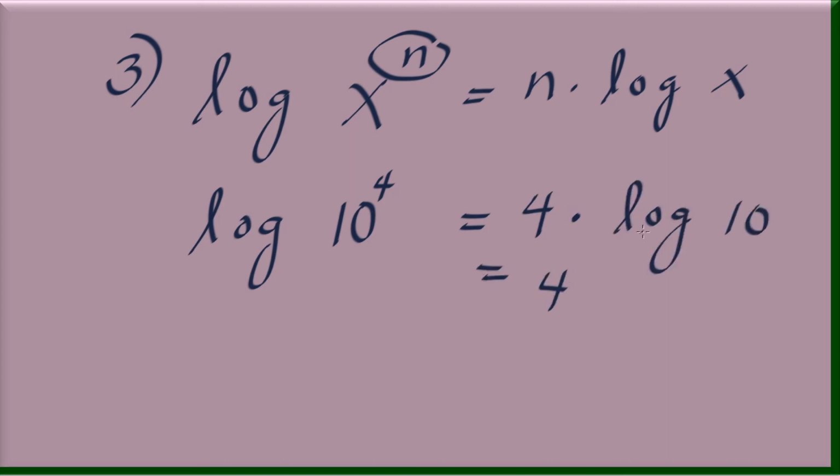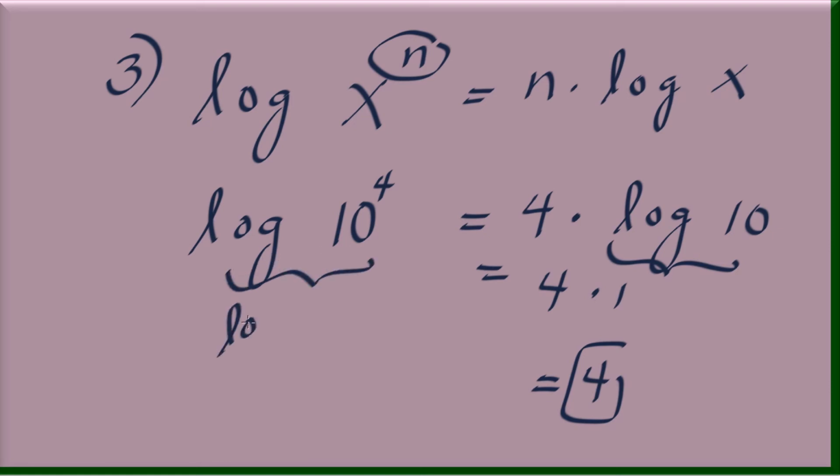So that's 4, since log of 10 is 1. This is the same number we're going to get if we simplify the left side, because log of 10 to the fourth is log of 10,000, with the 4 zeros here, right? And then log of 10,000 is going to be 4.